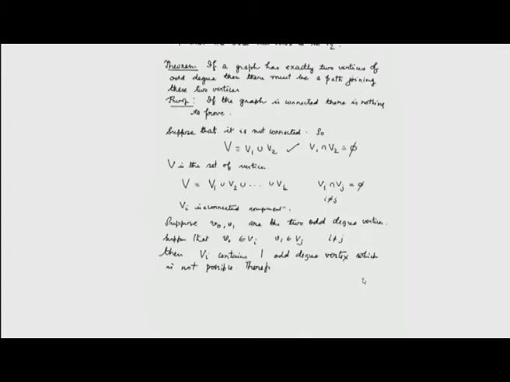Therefore, V0 and V1 must be in the same component. Hence, there exists a path connecting them, which is what we wanted to prove.